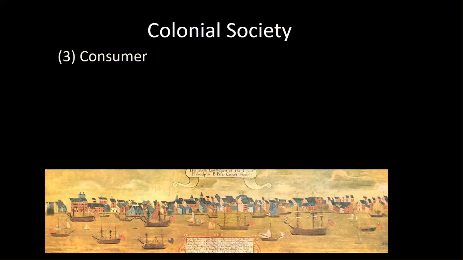But if we look at wills and estate inventories from the 18th century, we can see how widely American colonists, just middle-class American colonists, had access to global products. Things made in Europe, even things made in Asia.